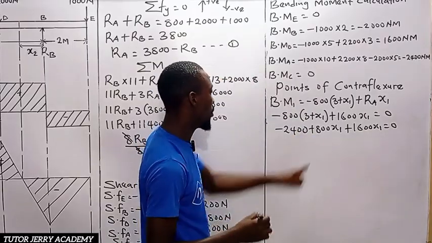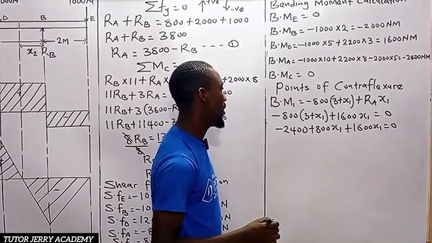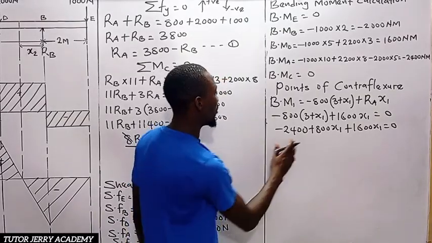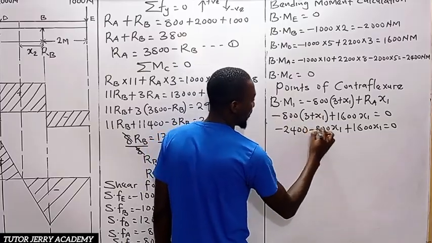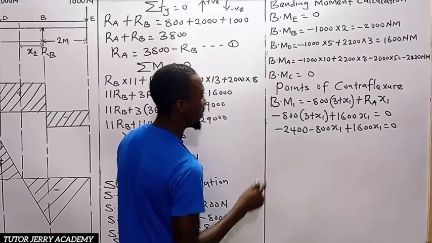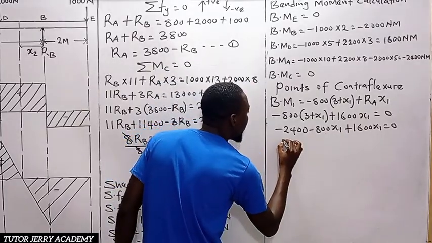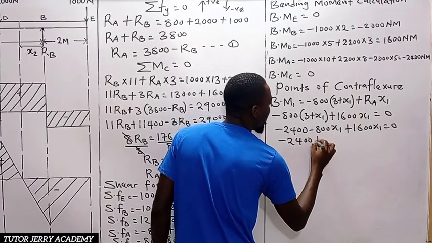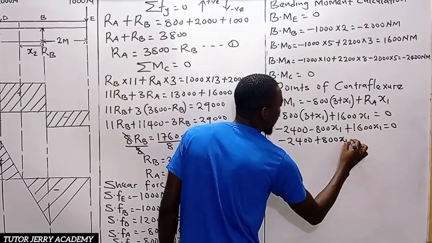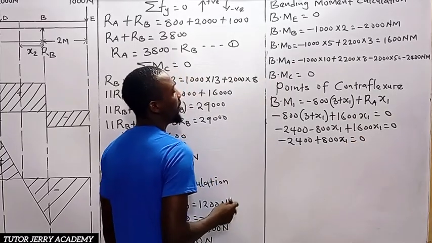Sorry, this is going to be negative, because negative 800 multiplied by S1 is negative 800 S1. So if we add this with this, we are going to have 2400 plus 800 S1 equals 0.